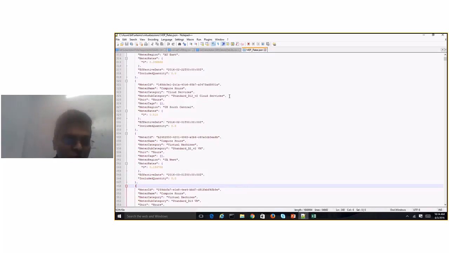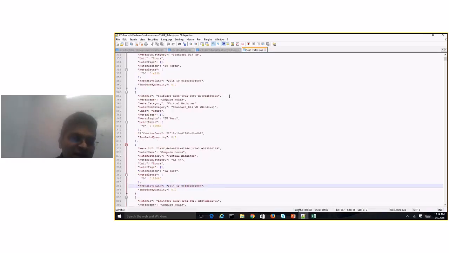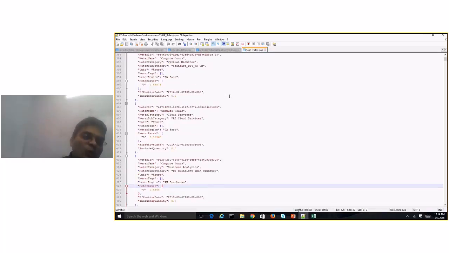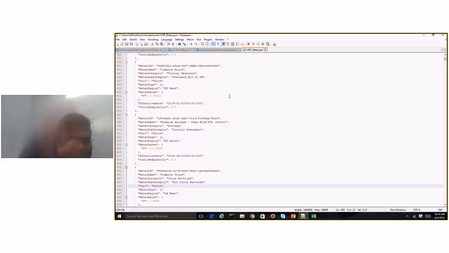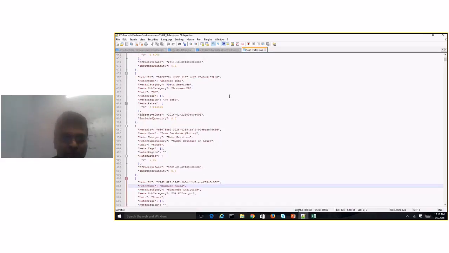And most resources do not have graduated pricing, but the one I showed you, which was storage, is one which has graduated pricing. Most of them also do not have included quantities. One of the ones which has included quantities is bandwidth egress, and it should be there in one of these outputs. Yeah. So this is one of the rate card outputs.